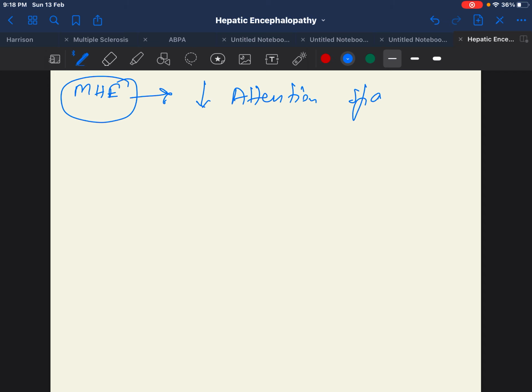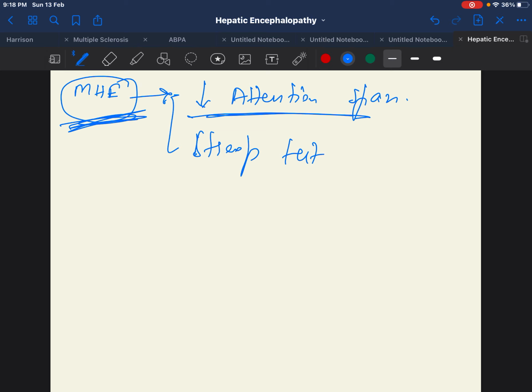When we do the neuropsychometric tests, they will be abnormal, right? Like the Stroop test and the number connection test. So the patient will have abnormality only on the neuropsychological examination, and the decreased attention span, right?